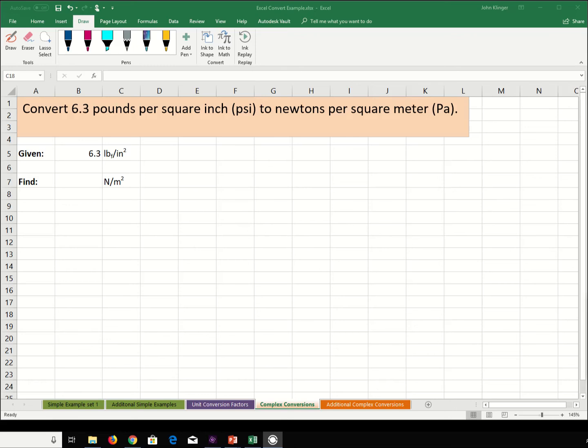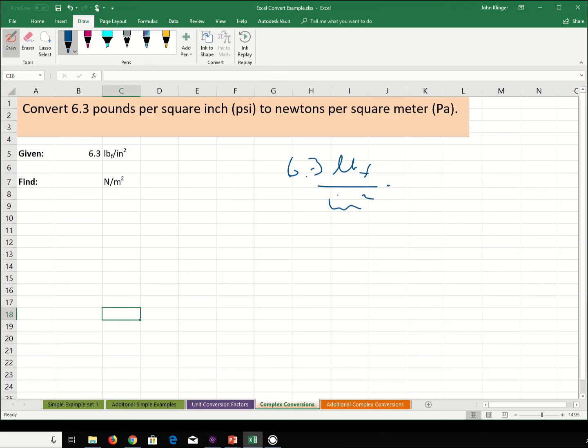Okay, here we go. So again, I would write out what we have here and how we want to do this conversion. We essentially have 6.3 lbf, pound force per inch squared.